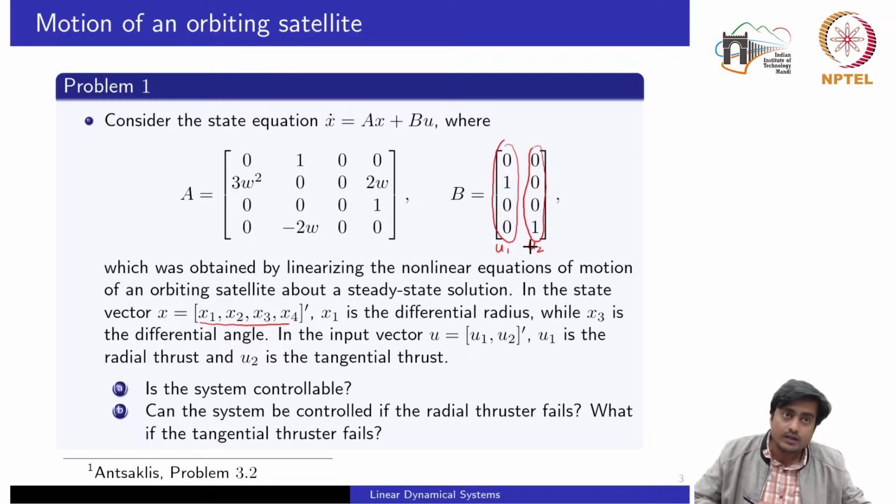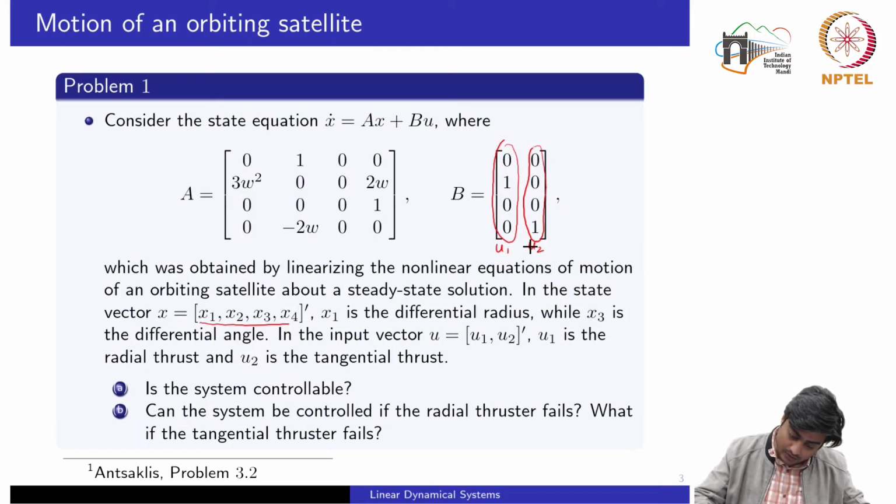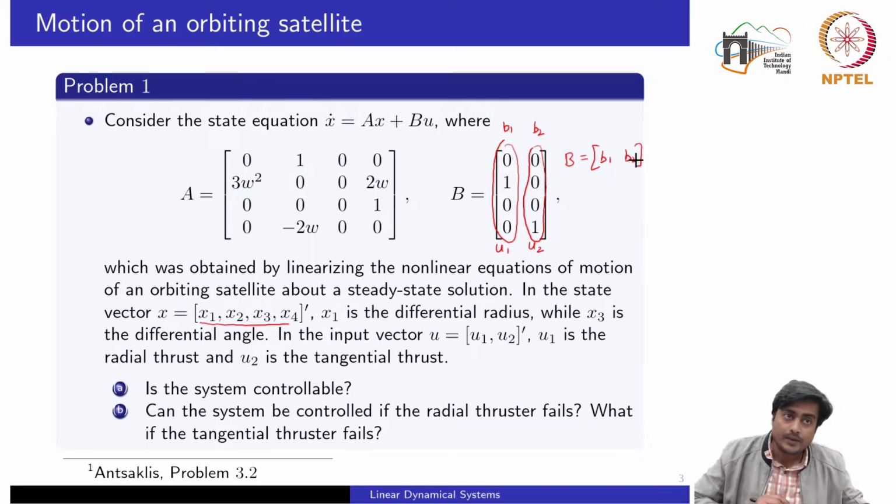We can label these as b1 and b2, so our B matrix is basically two column vectors b1 and b2. If u1 fails, then we don't have access to b1, but we have access to b2. Similarly, if u2 fails, then we have access to b1 instead of b2.